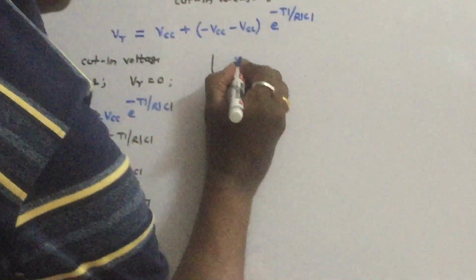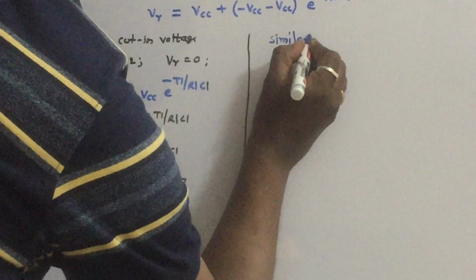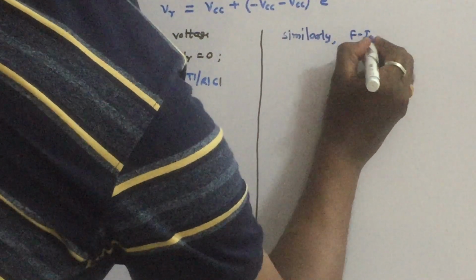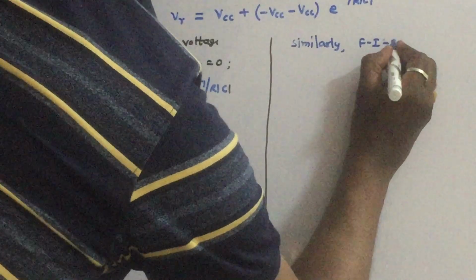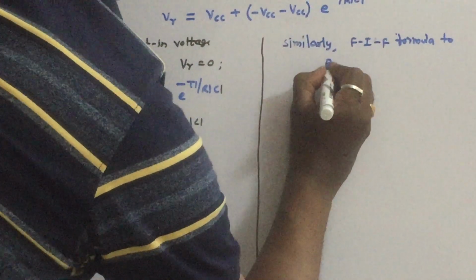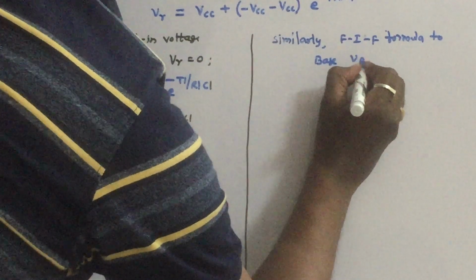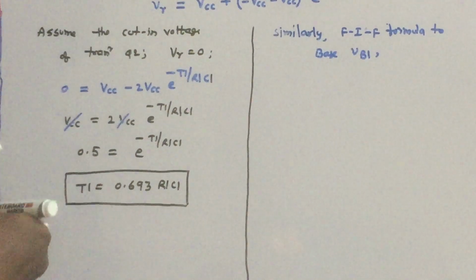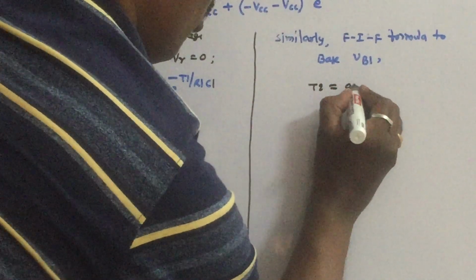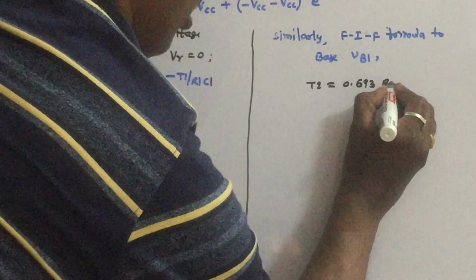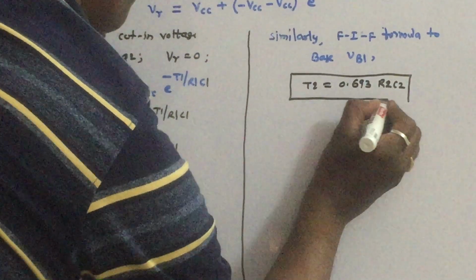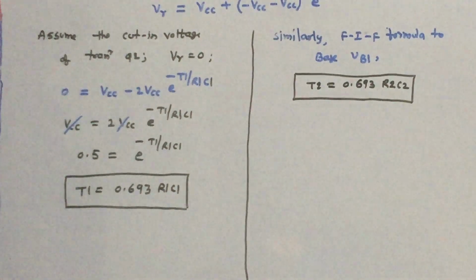Similarly, apply the same FIF formula to base voltage VB1. We get T2 is equal to 0.693 into R2 C2. Therefore, what is the time period of oscillation?